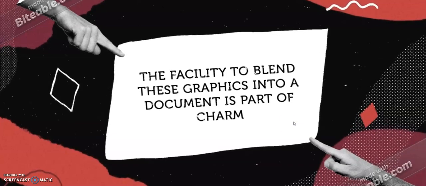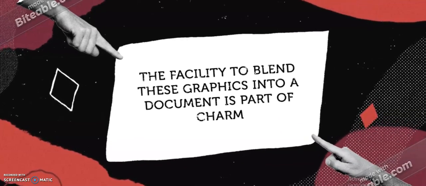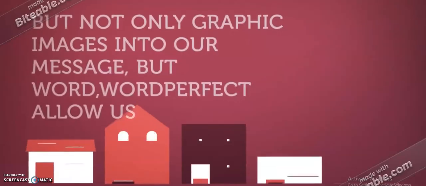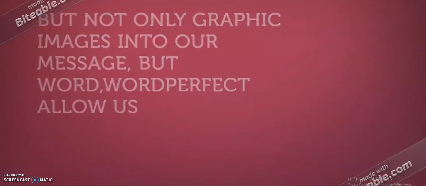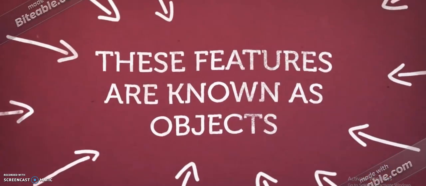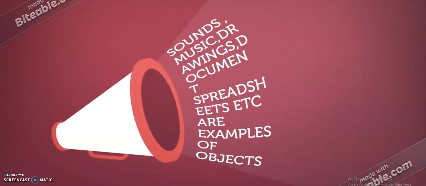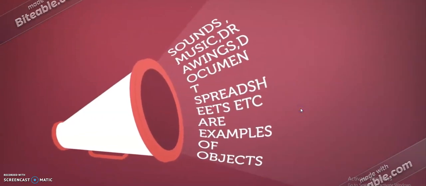These objects can be almost any form that can be generated as a computer file, like sounds, music, drawings, documents, spreadsheets, etc. These are examples of possible objects that you can include in a document or link to a document.